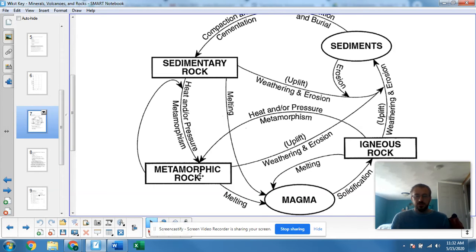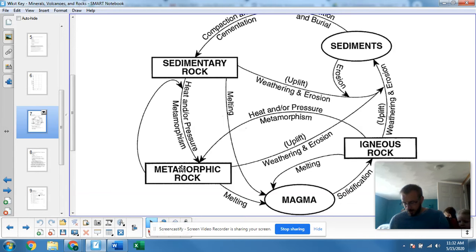The only one that forms from, I think they worded it pre-existing rock, is metamorphic, because it could be an igneous rock going through heat and pressure, or a sedimentary rock going through heat and pressure, or another metamorphic rock going through more heat and pressure.